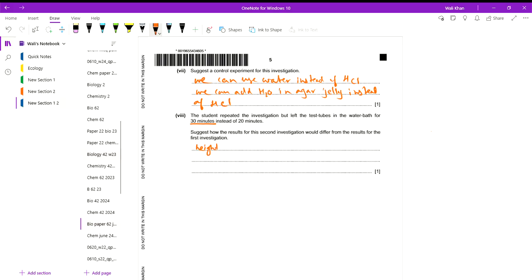Height of agar jelly increases in all test tubes.